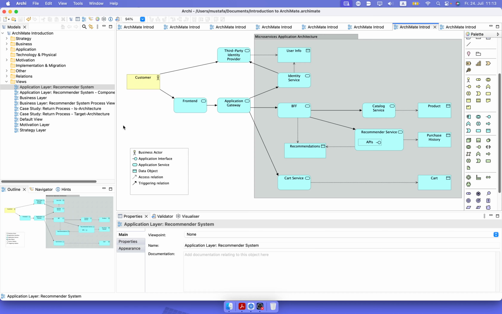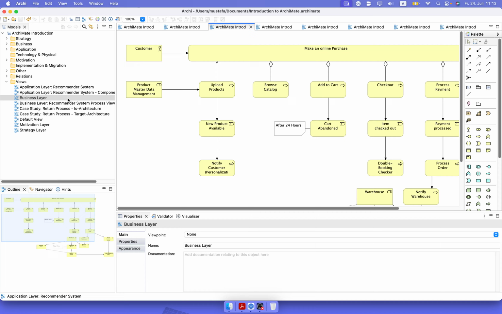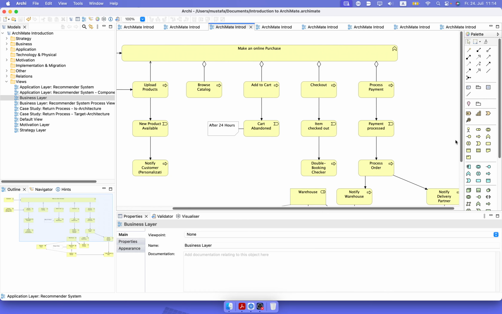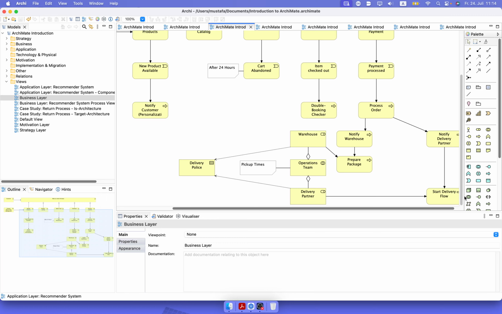Let's take a look at the bigger picture we had in the business architecture. These were the processes we have from upload products, browse catalog, add to cart, checkout, process payments, even up to the processing of the order itself with the third party in the warehouse and the delivery partner and the different interactions between them.